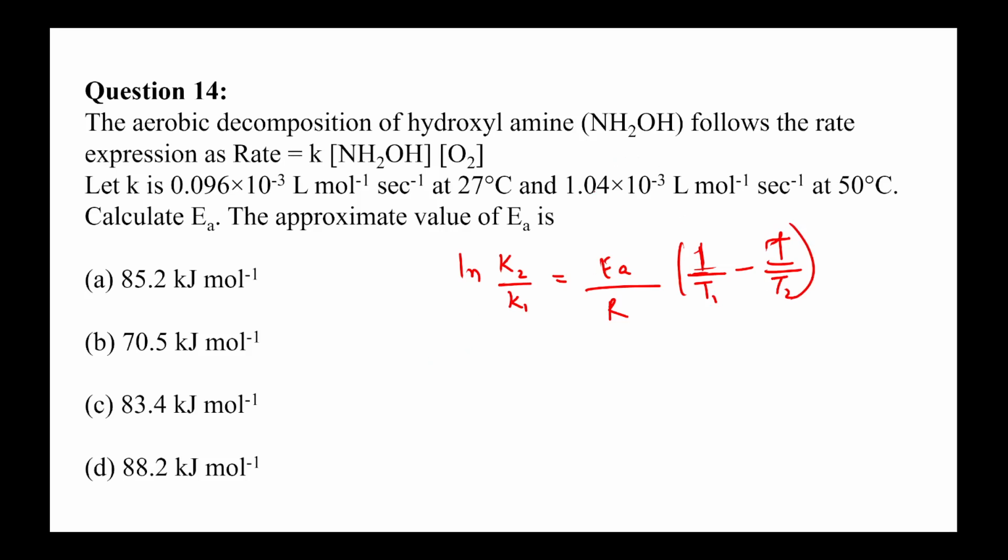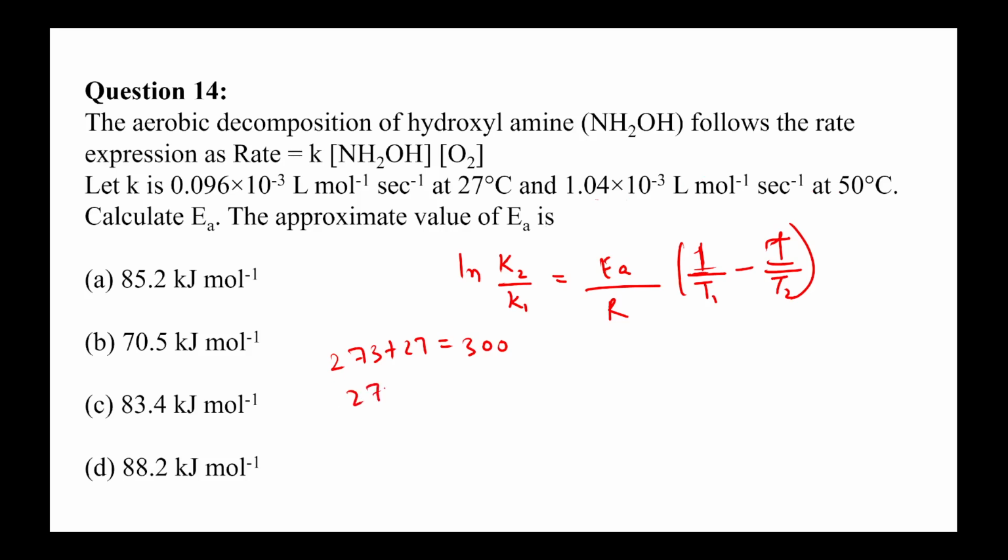So what are the two temperatures? If K1 is 0.096, then T1 is 27 degrees Celsius. So 27 degrees Celsius means 273 plus 27 is equal to 300 Kelvin, and K2 is 1.04, then T2 will be 50 degrees Celsius.